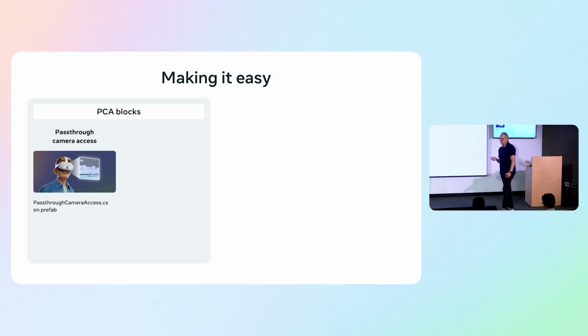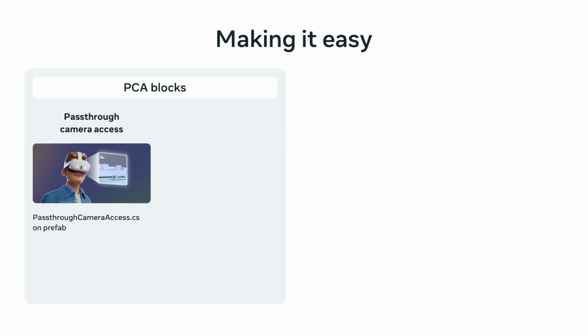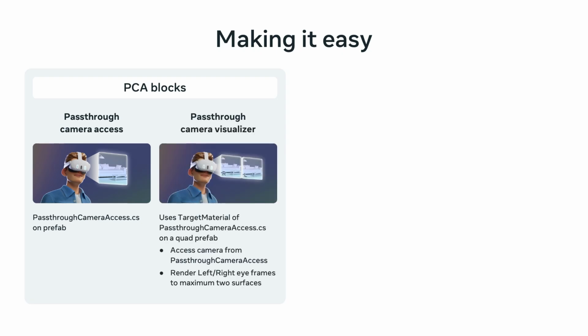So the first building block we've done is one click, it's going to add everything you need for Passthrough Camera. So that's going to get all the basic images and allow you to feed them into your app. We've added another at the basic level there with a visualizer, because this way you can pick up both eye views. And if you want to do something like binocular vision or calculating your own depth map or doing that kind of stuff, you could do it with this one.